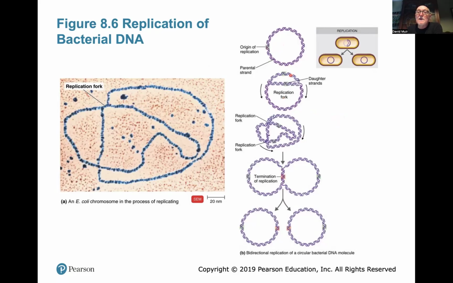And here's the origin of replication there, anchored to the cell membrane. And two replication forks open, one in this direction and one in that direction. And those two forks run all the way around until we end up with two rings. But there's a little problem, and that is that those rings are actually linked, as if they were chained together.